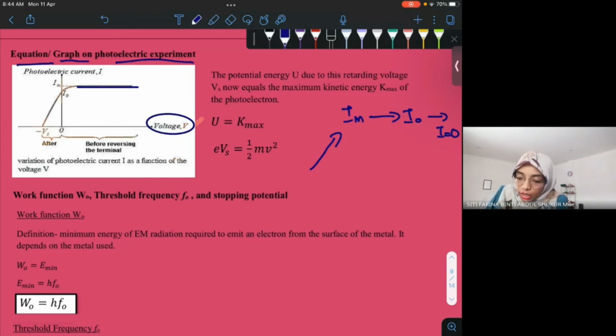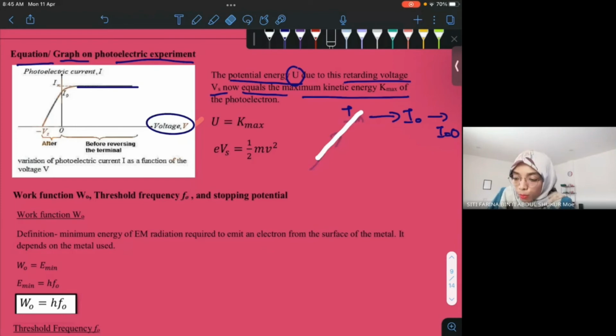Okay, alright. The potential energy U due to the retarding voltage, stopping potential tadi, Vs tu is also known as retarding voltage. Benda yang sama. Okay, so kita akan ada potential energy dalam case ini disebabkan oleh potential tadi, iaitu stopping potential, is equals to the maximum kinetic energy of the photoelectron.